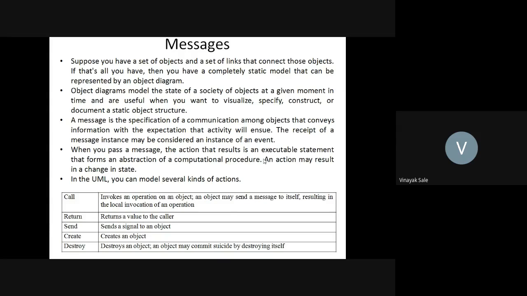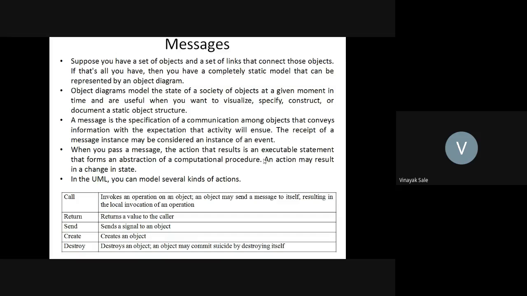If that's all you have, then you have a completely static model that can be represented by an object diagram. Object diagrams model the state of a society of objects at a given moment in time and are useful when you want to visualize, specify, construct, or document a static object structure. A message is the specification of communication among objects that conveys information with the expectation that activity will ensue.